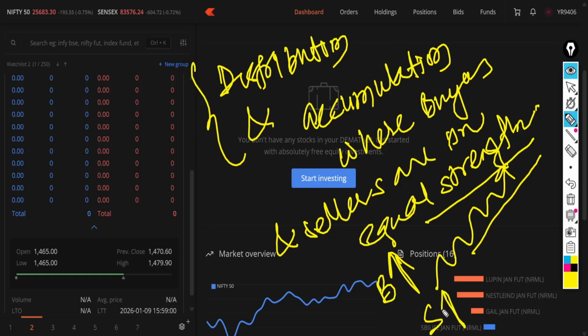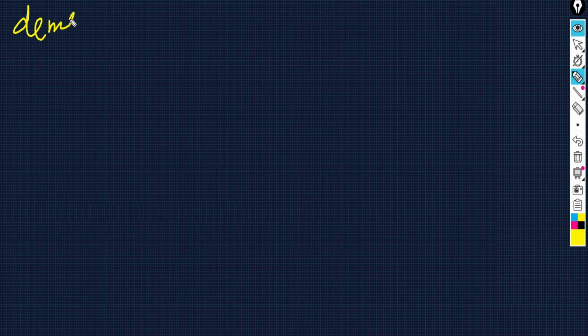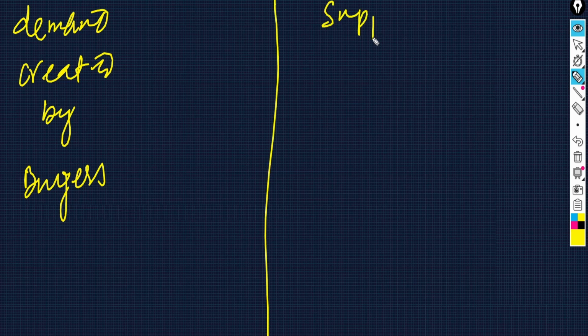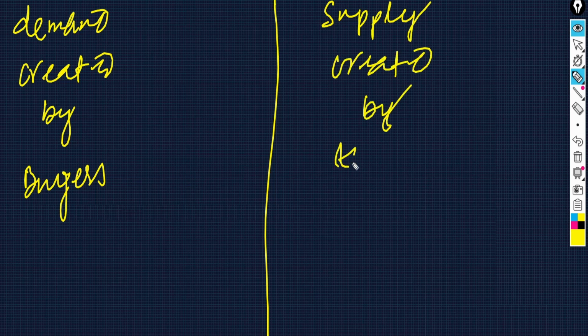If the seller wins, then price will start moving in a downtrend. So till now we have already discussed why price is moving. It is moving just because of the demand created by buyers and supply created by the sellers.